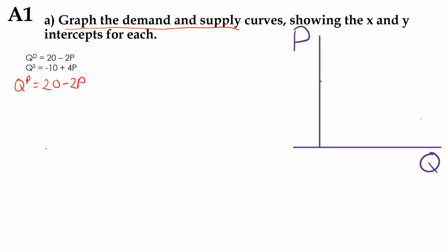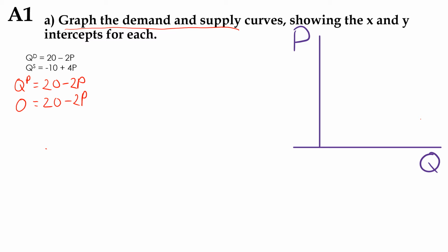Okay, we want to find out what this point is, wherever it is on this line, right? We don't know. So in other words, we're going to make Q 0 along this axis. So Q is going to be 0, and that's what we've done here with this equation. 0 equals 20 minus 2p.